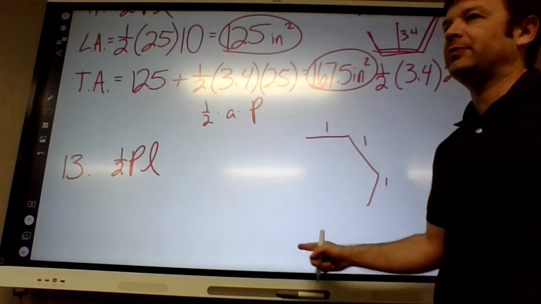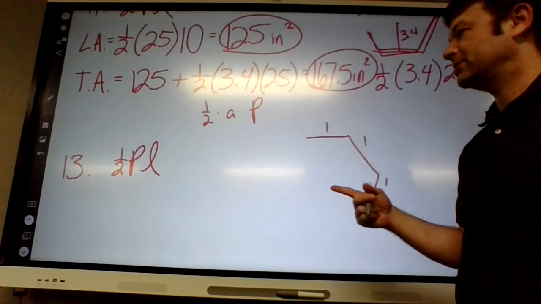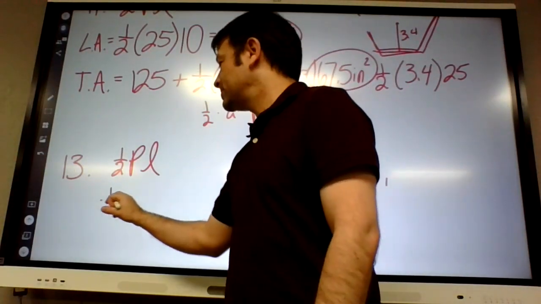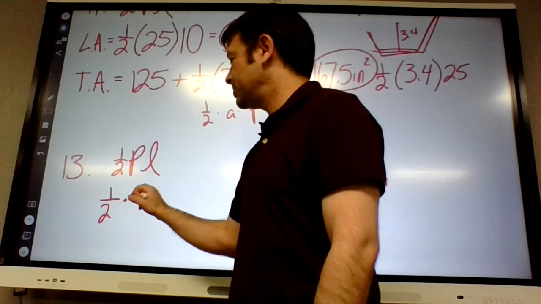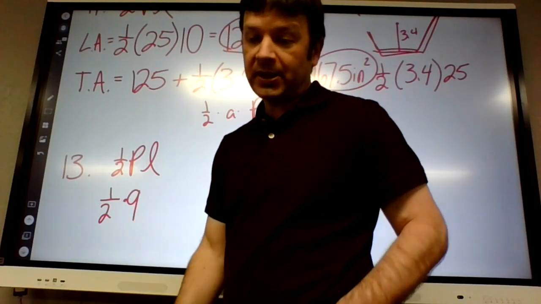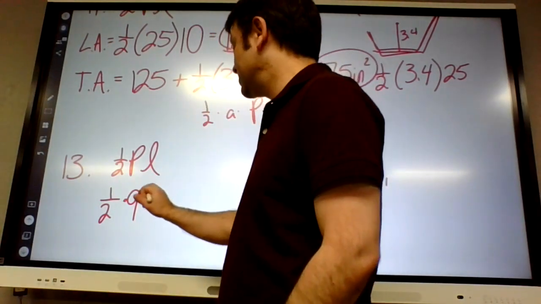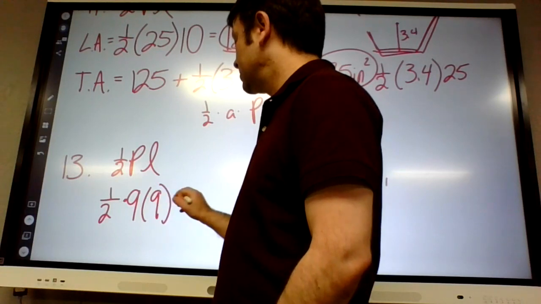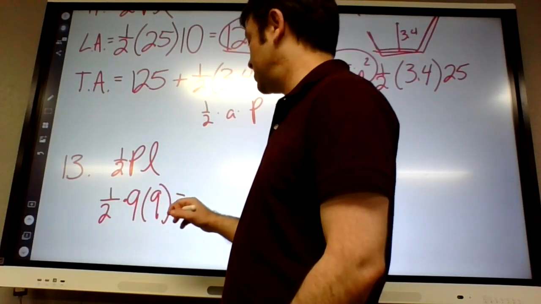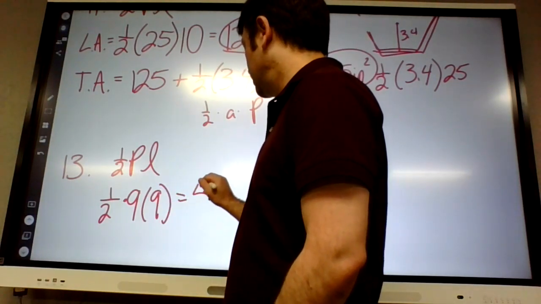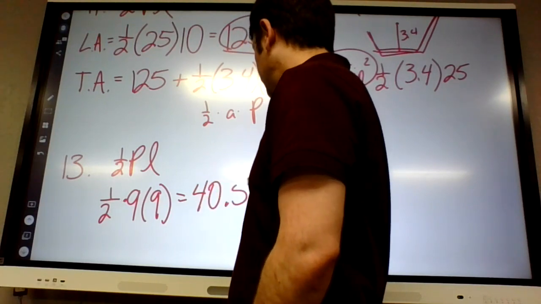What would the perimeter have to be? 9. 9 sides, 1 each. The perimeter is 9. And the slant height, they tell us, is 9. So it's like 81 divided by 2. 40.5.